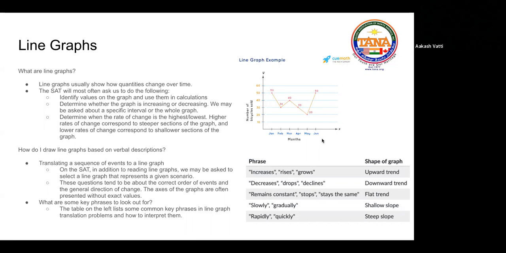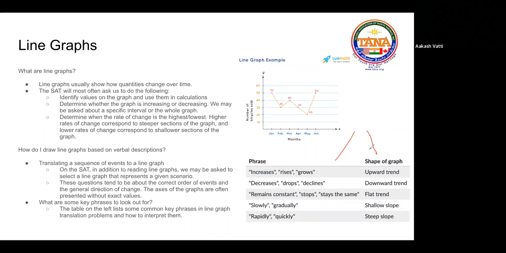There's a table over here which has a bunch of phrases and the equivalent of them on a graph. For increases, rises, and grows, you have an upward trend, which really just means it goes up. Decreases, drops, and declines mean a downward trend, so it just goes down.